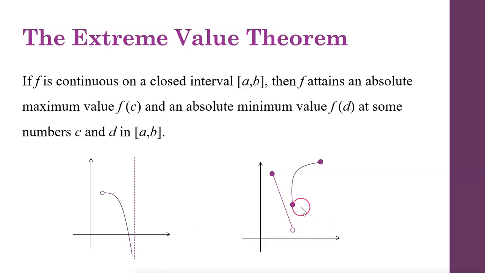If I switch the open and the closed points here in our graph, we still have a discontinuous function, but it would have an absolute min down here and an absolute max. So the extreme value theorem told us when a function would have an absolute max or min, but not how to find them. Our next theorem tells us where to look for a local max or a local min.